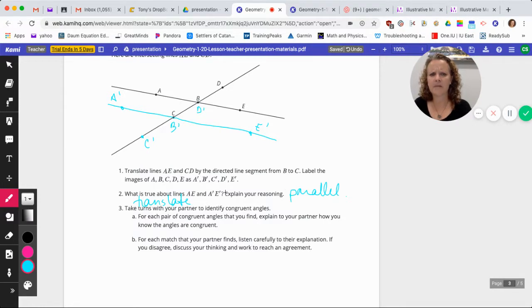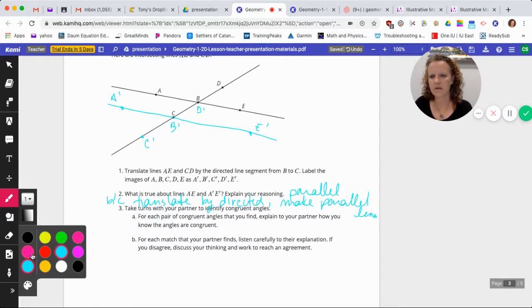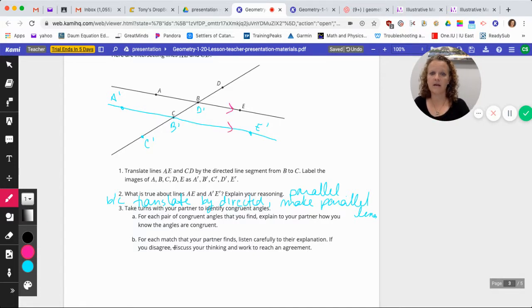These are parallel because when we translate by a directed line segment, we make parallel lines. So we know that these two lines are parallel.